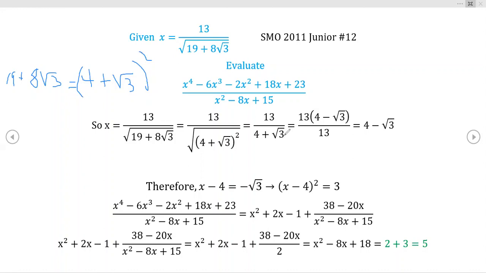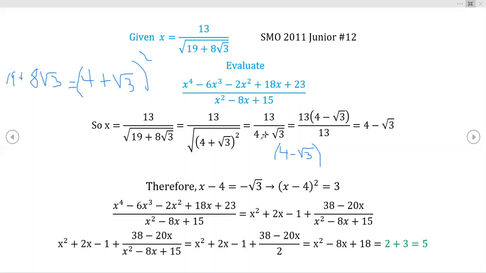So in other words, right here, if we multiply 4 plus root 3 by 4 minus root 3, it's going to give you 13 right here. Now notice we just multiplied the top by 4 minus root 3 also. In other words, we're multiplying through by 1 in kind of a clever way.